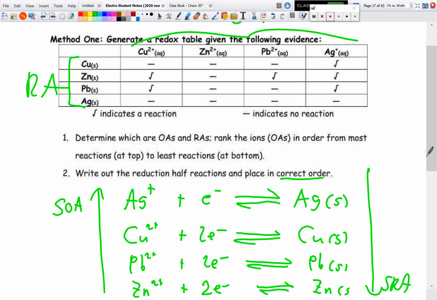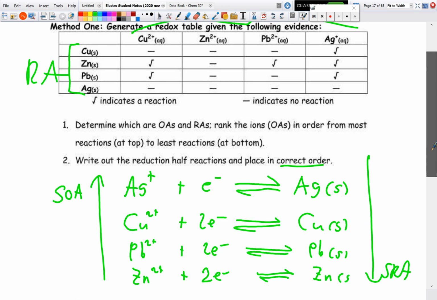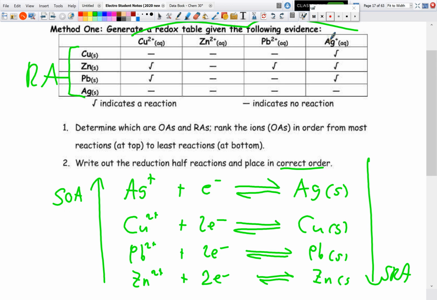All right, so generating a table looks like this. This looks like a little mini version of what we have on page 7, based on my strongest oxidizing agent from the reactions, so the observable properties, and then second strongest, third, and of course the weakest.